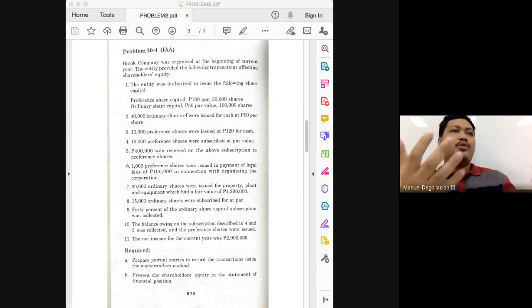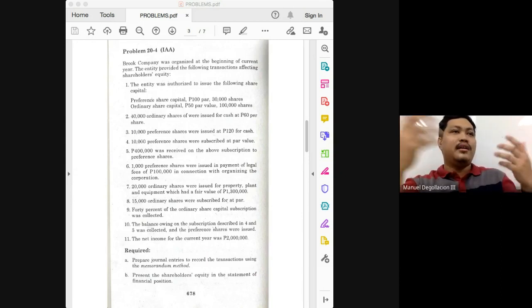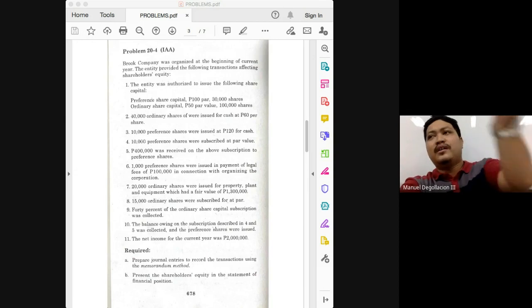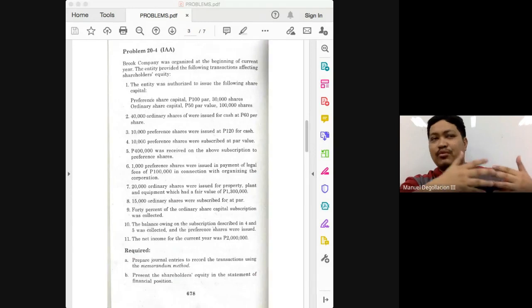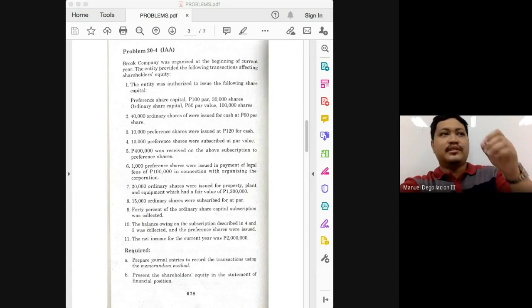When can you find them being debited? Number one, if your entry is wrong. Number 2, if you're possibly preparing correcting entries. Number 3, if we are now retiring these shares. But when does retirement of shares happen? Very rare and towards the end, so far down the road already. A normal transaction for share capital, share premium would just be issue, additional. So always credit. Anytime you will find yourself debiting these accounts, that should be a signal on your part that you are doing something wrong.